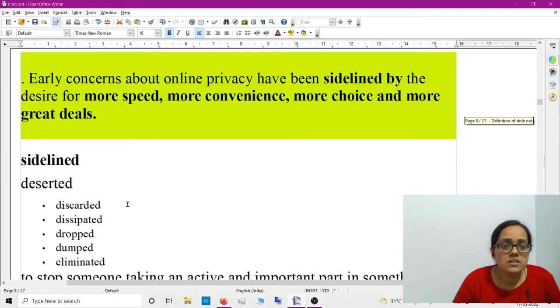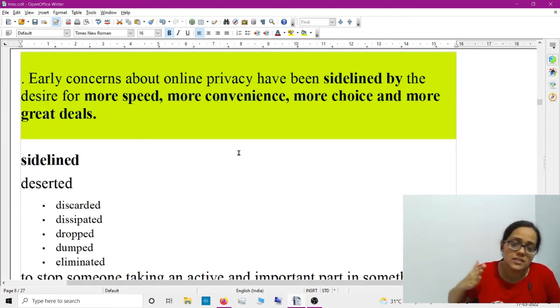Early concerns about online privacy have been sidelined. Sidelined means eliminated, by the desire for more speed, more convenience, more choice and more great deals.